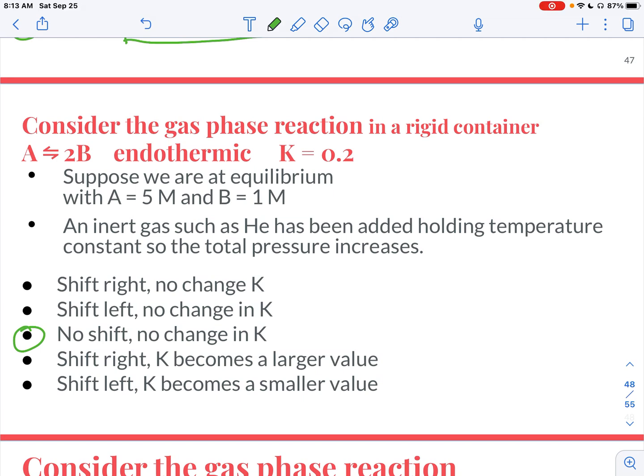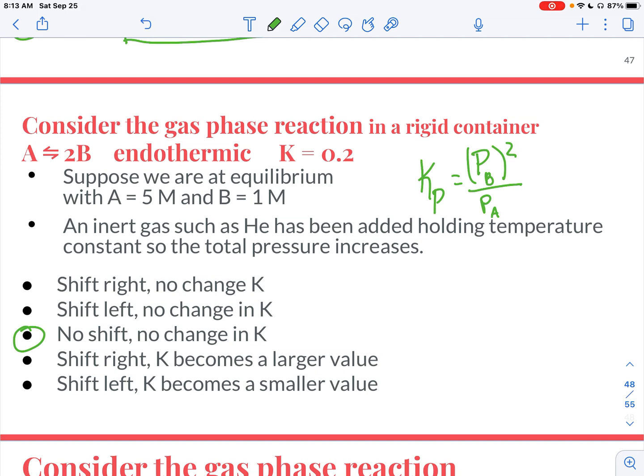So in our equilibrium expression for this, if we were to do it as Kp, we would have pressure of B squared over pressure of A. We don't have total pressure anywhere in there. So an inert gas is not going to react with anything. It doesn't change the concentration of A or B. So it doesn't change the partial pressure of A or B. So there's no change here.